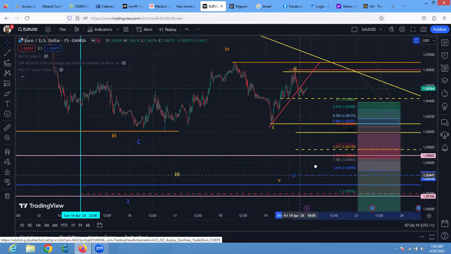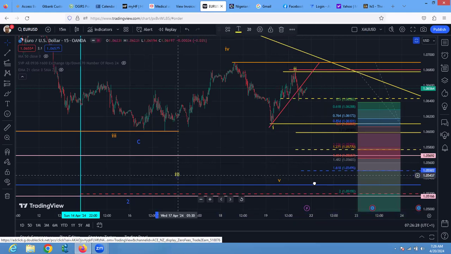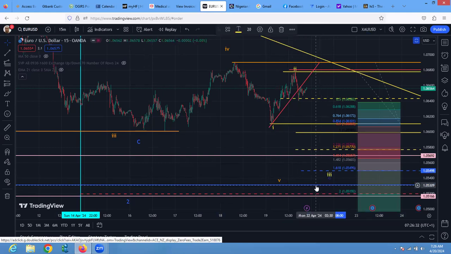So the potential place I see price is now not more than 161.8, which is at 85.4. And this is 88 right here. So price may walk down to 1.05400. But below 88, 1.05200, I don't see price breaking that. So that's what I'm saying now.